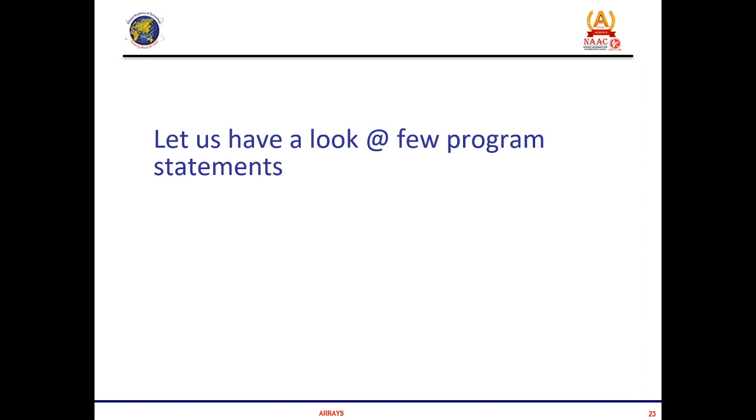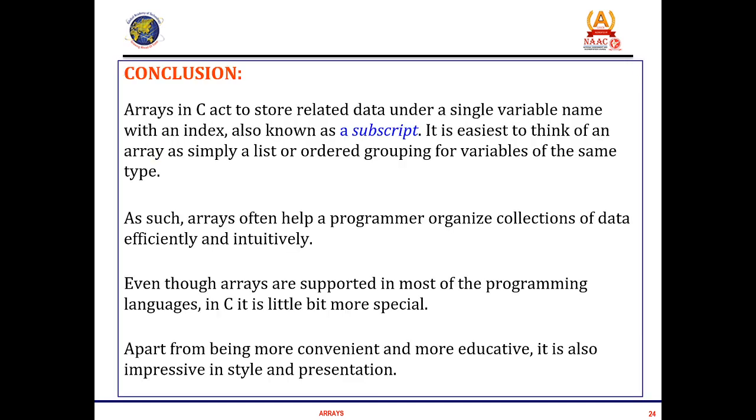So that is what I have with you with respect to arrays. Now let me conclude what we have done so far. Arrays in C act to store related data under a single variable name with an index, which is also known as subscript. It is easiest to think of an array as simply a list or ordered grouping of variables of the same type.